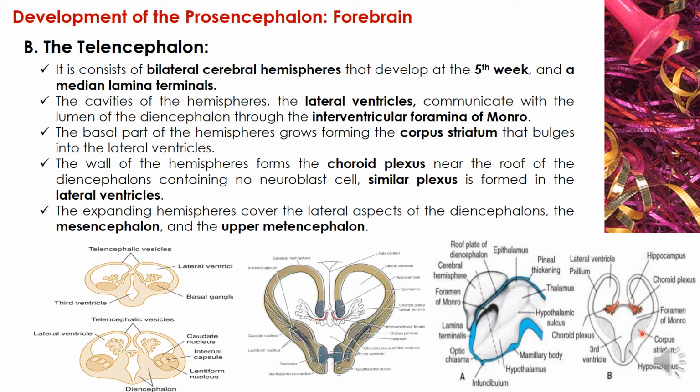The wall of the hemisphere forming the choroid plexus near the roof of the diencephalon contains no neuroblast cells. Similarly, the plexus is formed in the lateral ventricle.